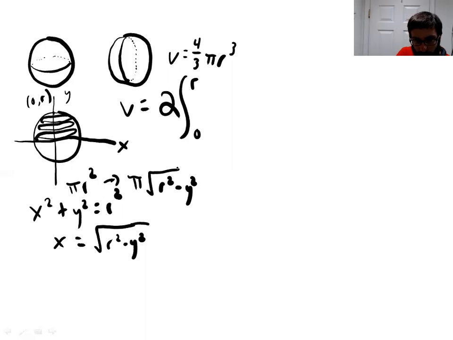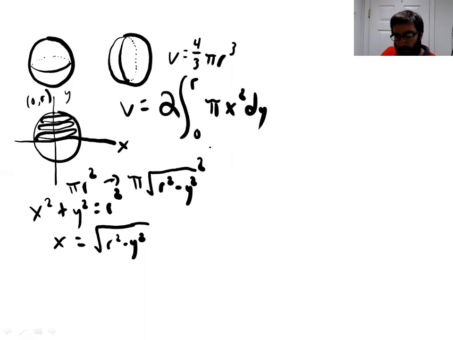So the area is going to be simply pi times that squared. In other words, just to be explicit, we have pi times x squared times dy. That's going to be the volume. Essentially, we're looking at a circle, a perspective drawing being flat, and it has some height.